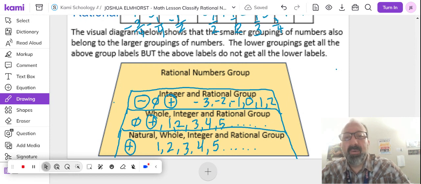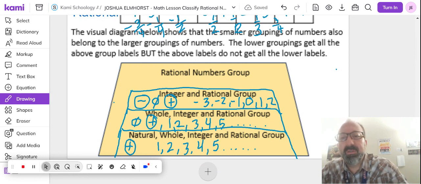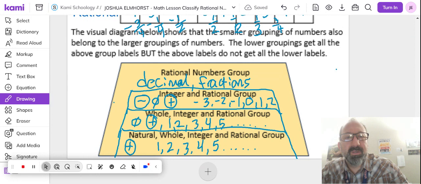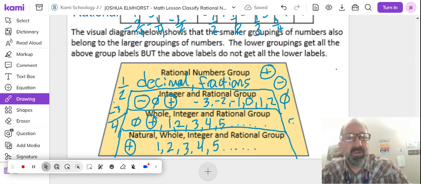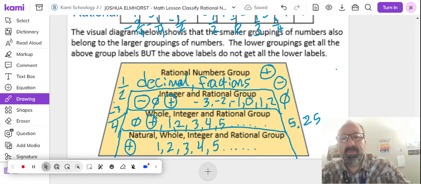All right, and then up above, rational numbers is going to include decimals and partial fractions, and fractions, and it's going to include positives, negatives, 0. So for example, up on top, you're going to have 1/2, -3/4, and 5.25. And you can just say like 3.1, it could be negative.